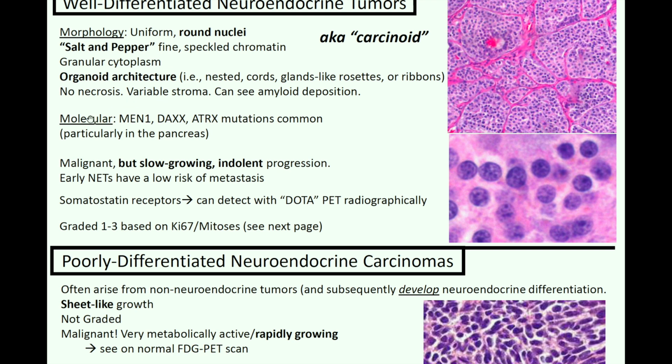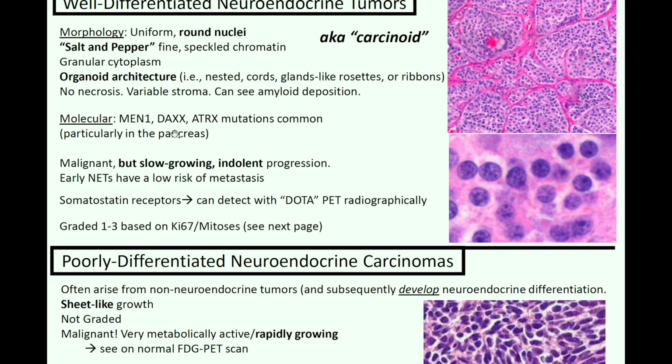And then for the molecular, for a well-differentiated neuroendocrine tumor, MEN1, DAXX, and ATRX mutations are common, particularly in the pancreas. And these are malignant, but slow-growing with indolent progression. And early neuroendocrine tumors have a low risk of metastasis.